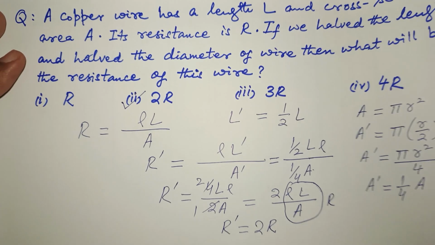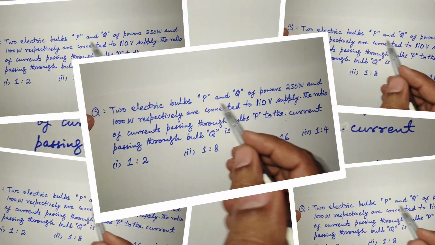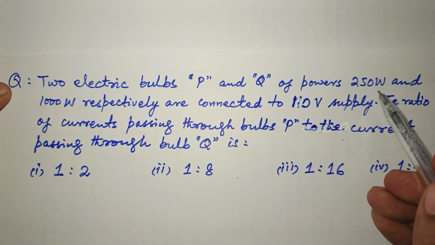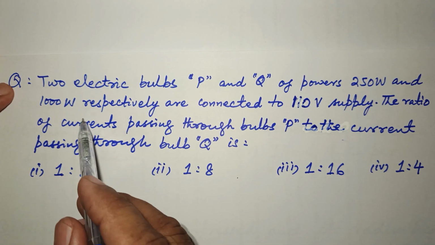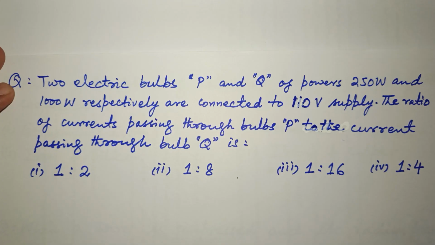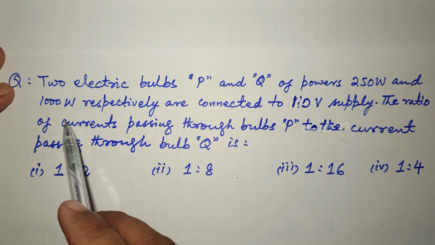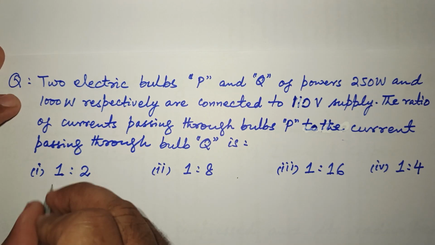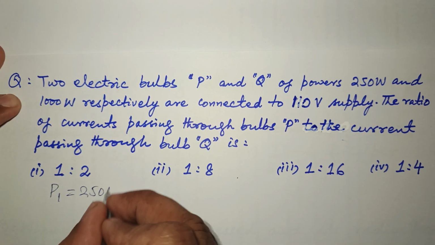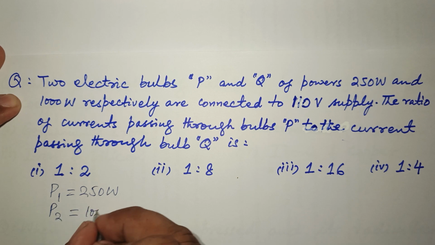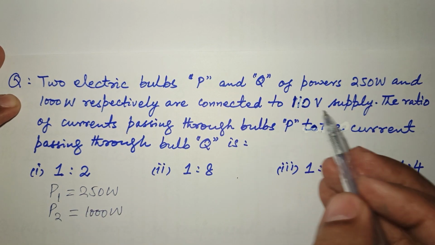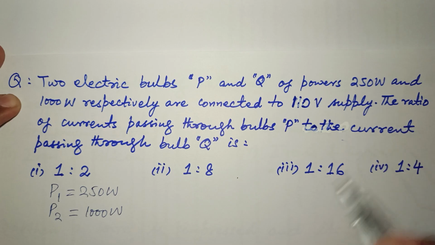Let's move to the next one. Two electric bulbs P and Q of powers 250 watt and 1000 watt respectively. The power of the first bulb P1 is 250 watt, and the power of the second bulb P2 is 1000 watt. They are connected to a 110 volt power supply.